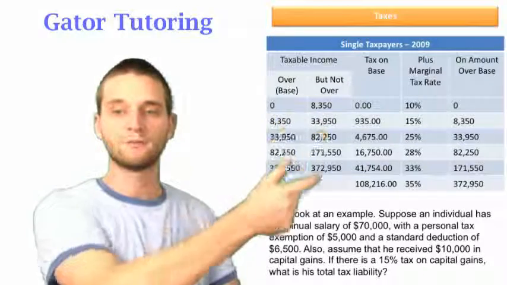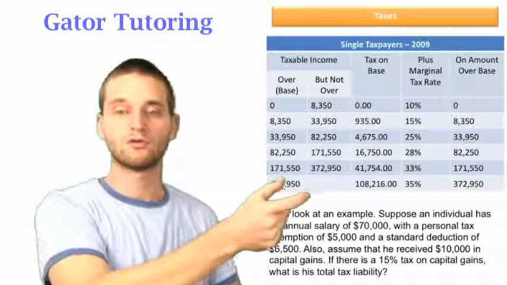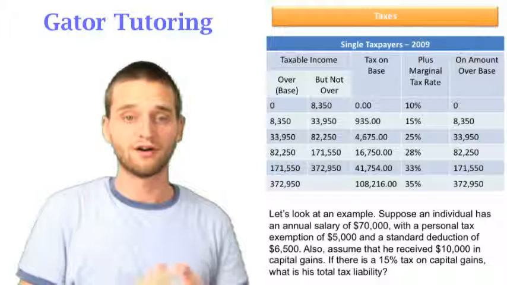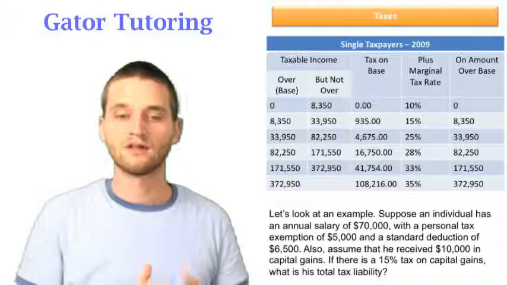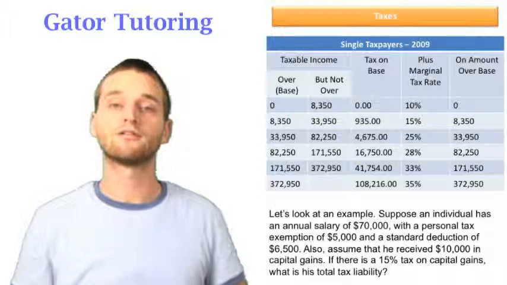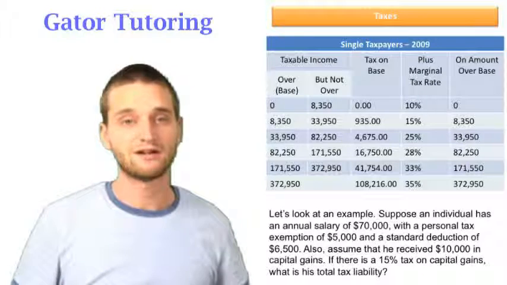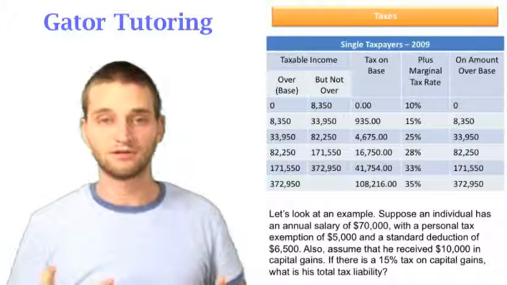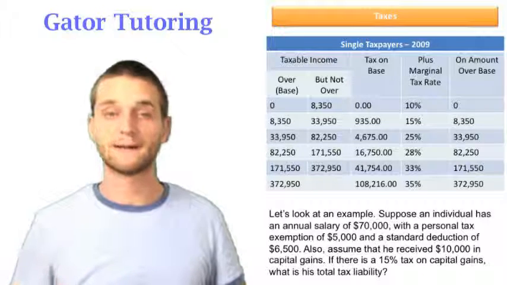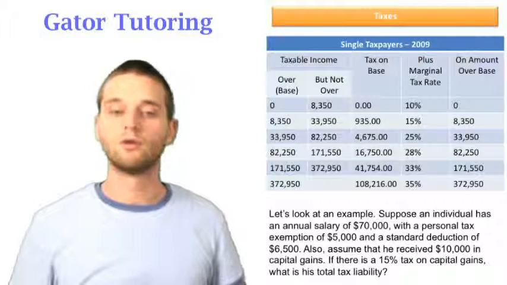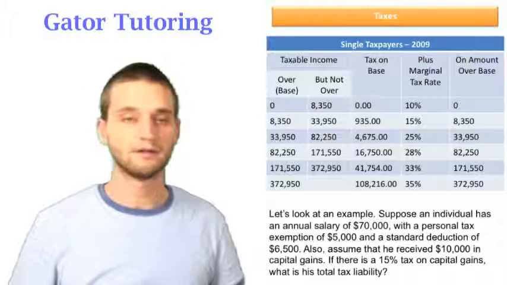When we're looking to see where the number falls in this interval, we only look at the taxable part of their income, after we've subtracted out all of these tax deductions. Let's also assume that he received $10,000 in capital gains. So maybe he invested in stock, the stock appreciated, and then he sold it, and so he received $10,000 over the year in capital gains. If there is a 15% tax on capital gains, what is his total tax liability?